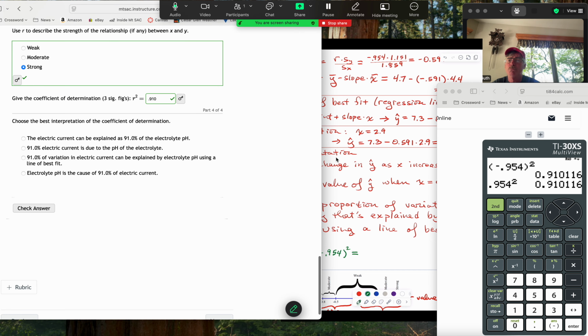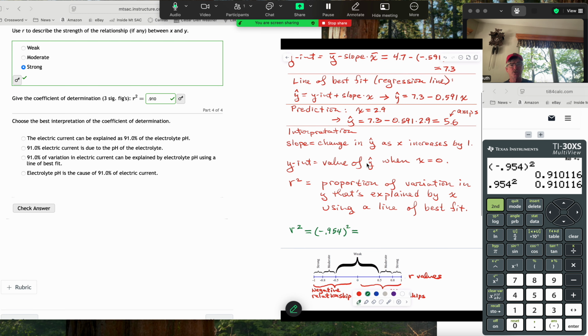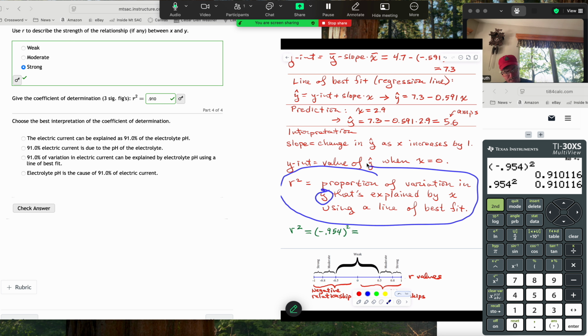And then we're almost done here. And just to remind you how you interpret R squared. R squared is the proportion of variation in Y that's explained by X. So Y is the current in amps, the electric current. And X is the pH of the acid.